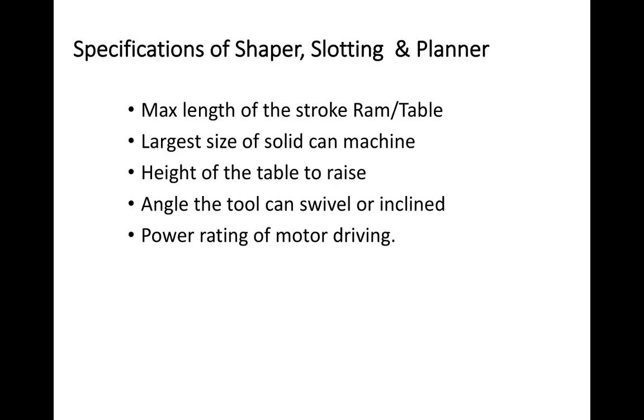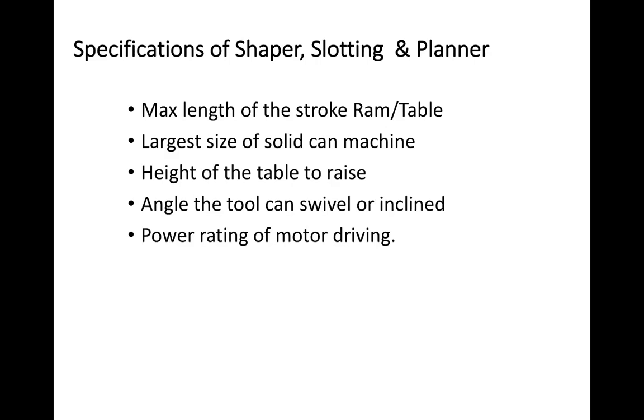In addition to that, you need to see the angle to which the tool can swivel or be inclined. Even in the shaper, by using the clapper box, you can change the orientation of the cutting tool. Because the toolbox is mounted on the cross slide, you can change the angle of rotation. In the universal shaper, you can give some kind of swiveling or inclination to the table.